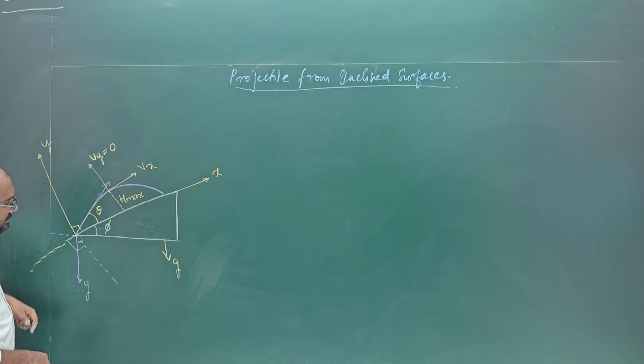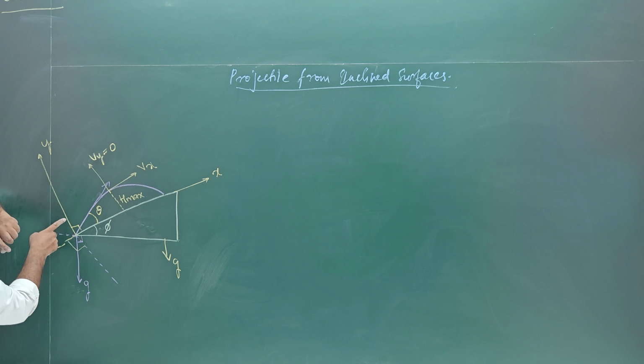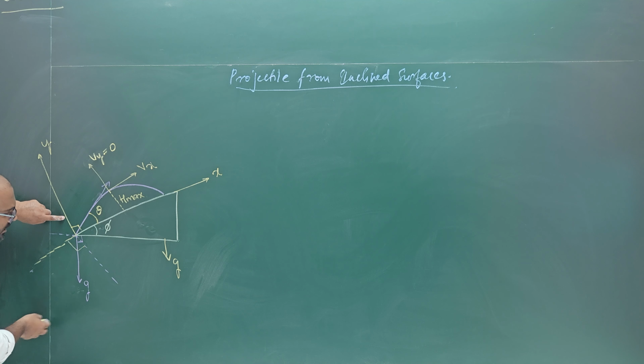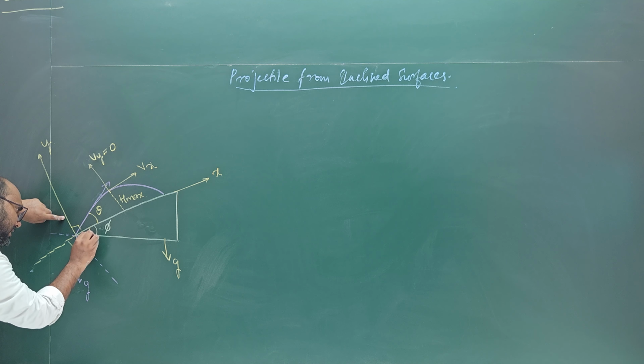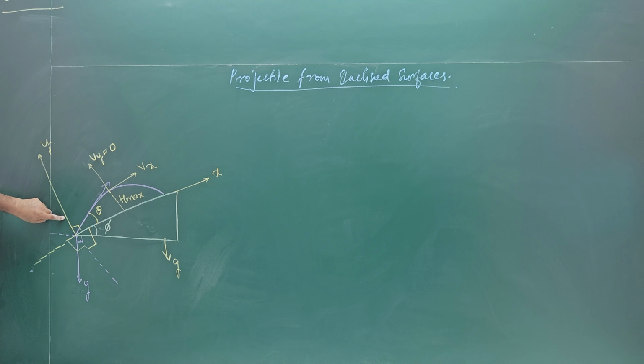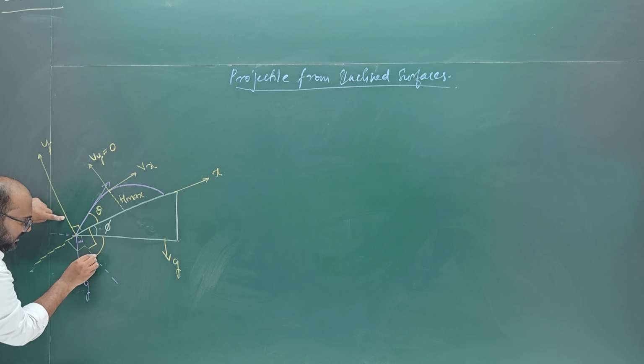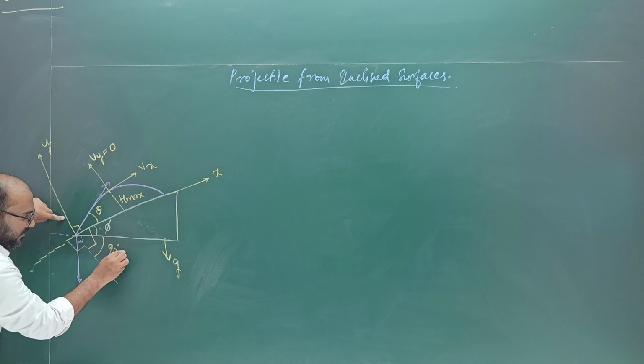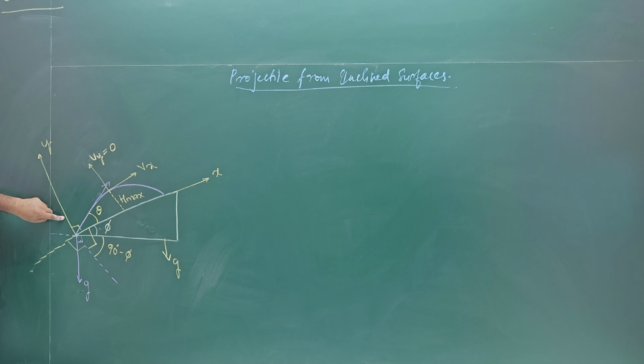Phi. That means, can I say that the angle between the surface and this one, ये देखो angle, ये कितना है? ये दोनों का angle. With this yellow line and this line, angle is 90 degree. Obviously, can I also say that the angle between this and this is also 90 degree? Are yes or no? If this is phi, then this angle will be 90 minus of phi. Are yes or no? Similarly, these two are 90 degree.